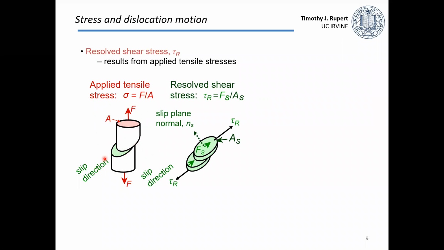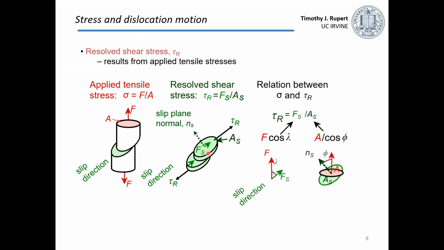And all you're doing is a geometric transformation and thinking about when I apply a force and a stress vertically here, how would I end up getting a shear stress along some given plane with a plane normal, n sub s, and a slip direction shown here. Now, we can just do some geometry and figure out how to connect those things.